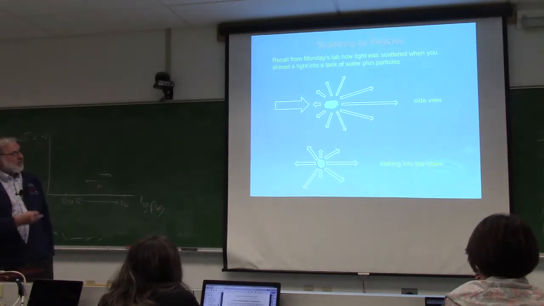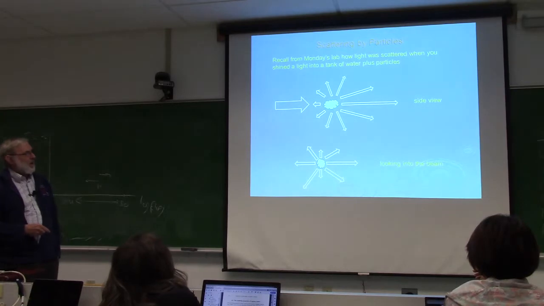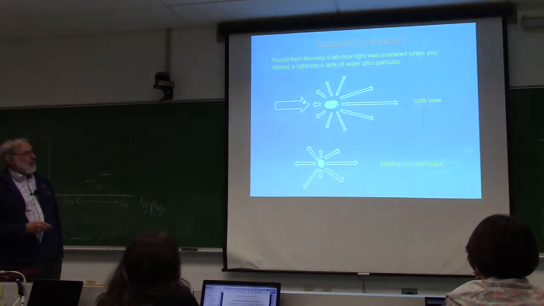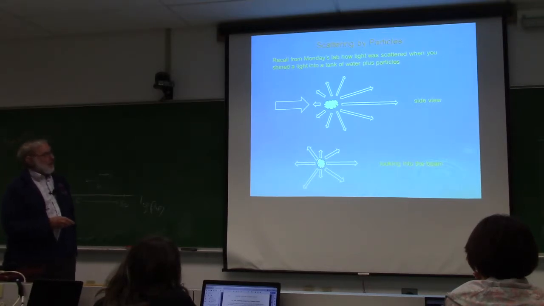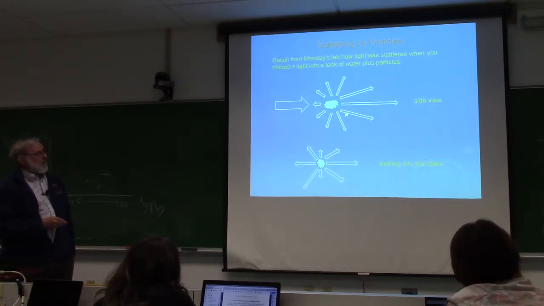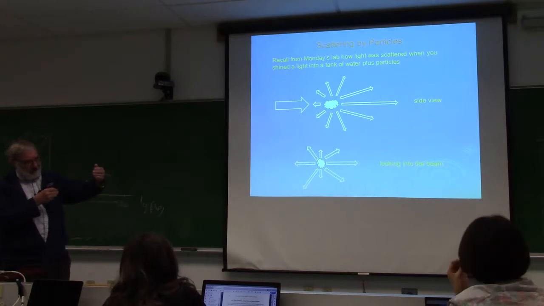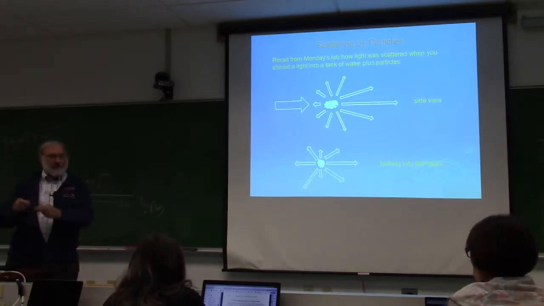Okay, so just once again a little review here. You've got a particle, there's light coming in, the electromagnetic field interacts with all the charged particles in here, and they re-radiate, which just means that the light goes out in all different directions. And you did this kind of thing in the lab, and you could look around at the front end of the tank where the light's coming in, and it looks brighter than if you look from the side.